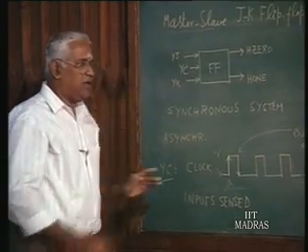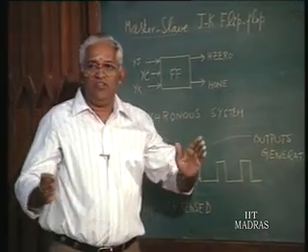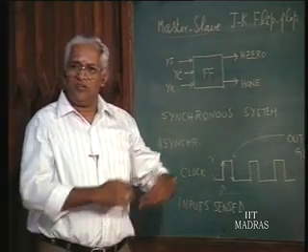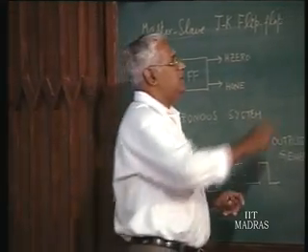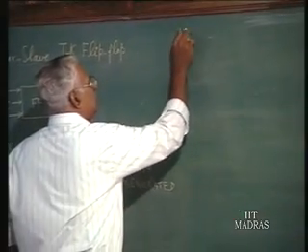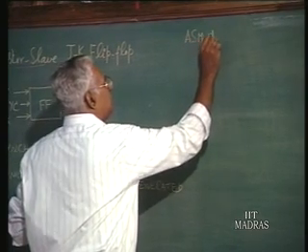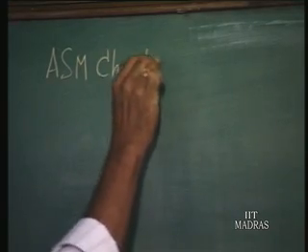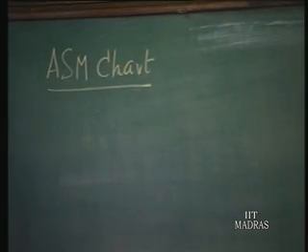Instead of drawing another table with 16 entries, I will straight away go and create the ASM chart for this particular flip flop, because the ASM chart is going to give me the whole behavior of the system. What is the system here?